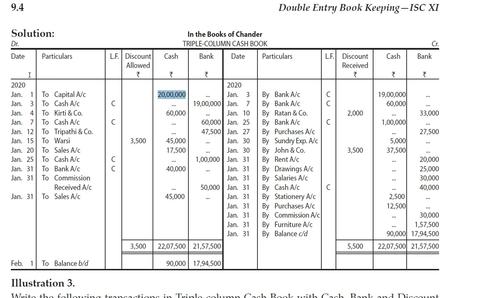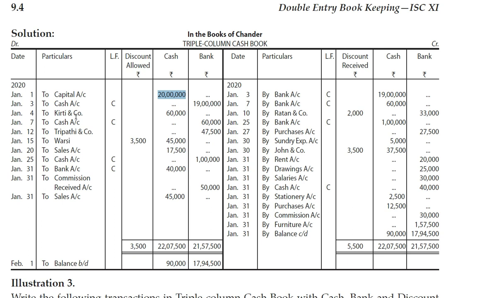Just you have to understand whether money is incoming to the business or going out of the business. If it is incoming, put in the debit side, and if the money is going outside, put on the credit side. Okay, so follow this principle.